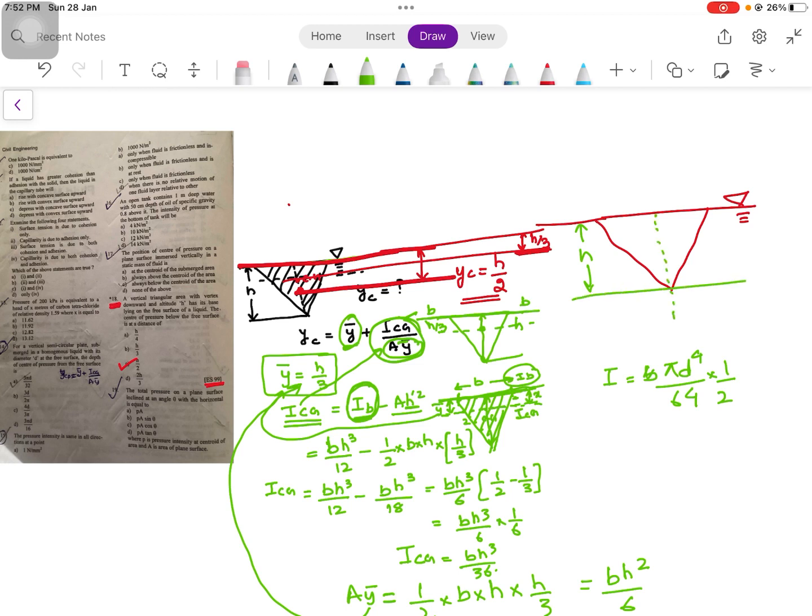Then by geometry, the centroid is at a distance of h by 3 from the base, and from this formula, yc equals y bar plus icg upon A y bar, we have found out that the center of pressure is located at half the altitude, at a distance of half the altitude from the base. So if this is h by 3, then slightly below this point, this is the CG, and this is the CP at a distance of h by 2.